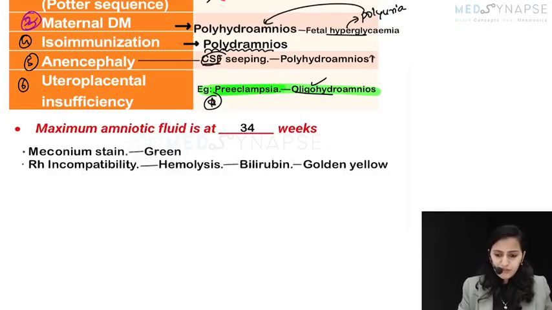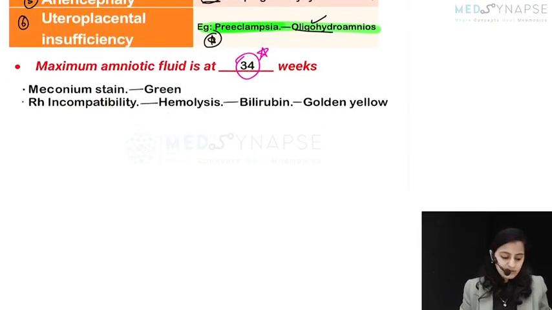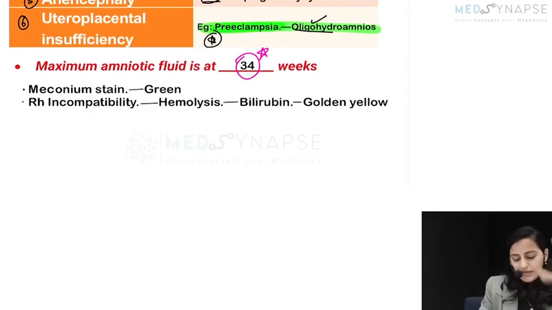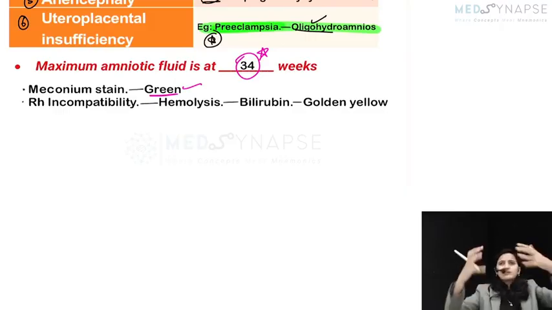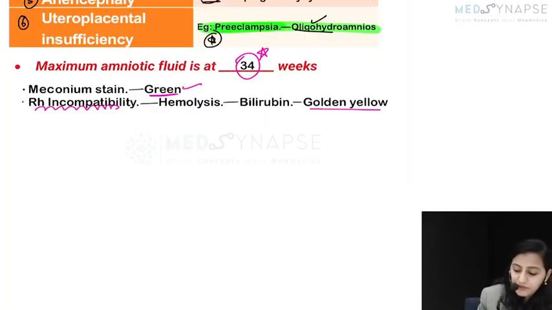Maximum amniotic fluid is seen at 34 weeks. Meconium stained amniotic fluid is what color? Green color. Right? So जब deliver करते हैं, अगर meconium stained है, it is green. RH incompatibility will have what amniotic fluid color?